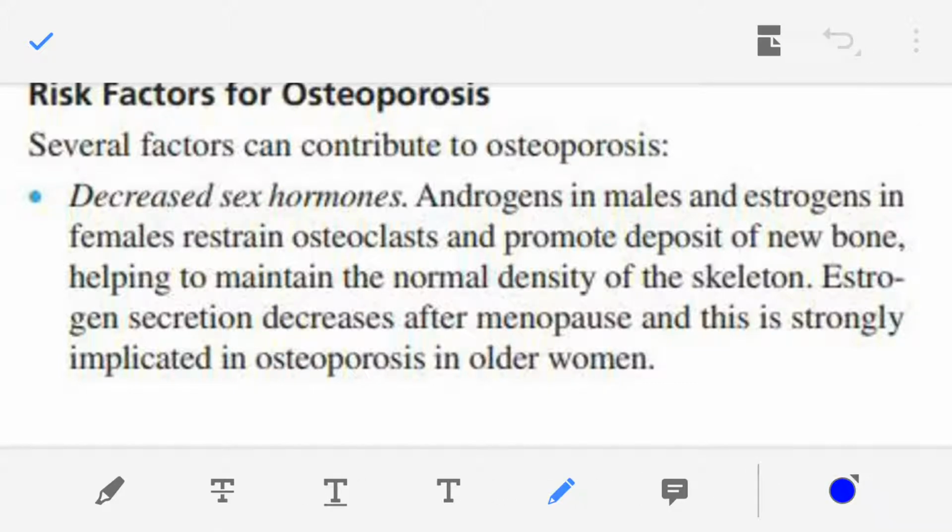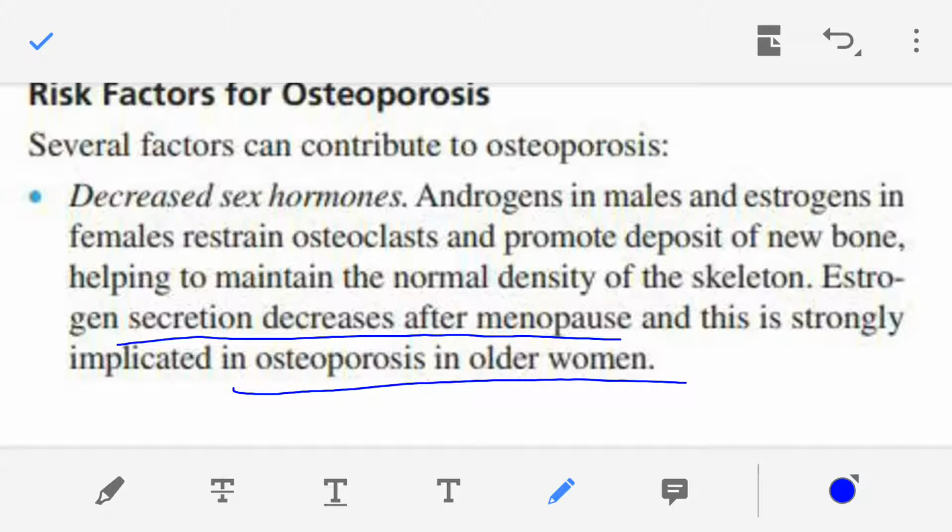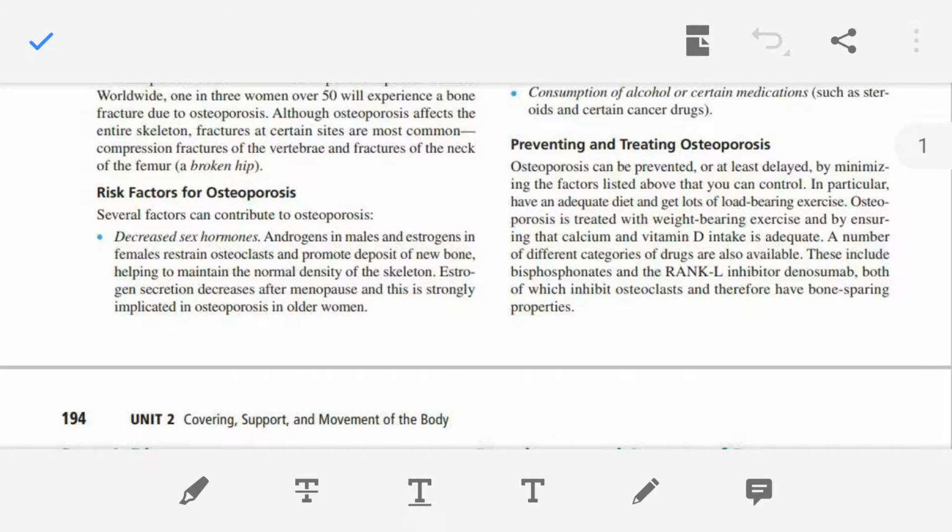Now, estrogen secretion decreases after menopause, and the decrease in estrogen level after menopause is a strong reason for osteoporosis to occur in older women. So in older women, as the level of estrogen goes down, it is the main reason for osteoporosis.